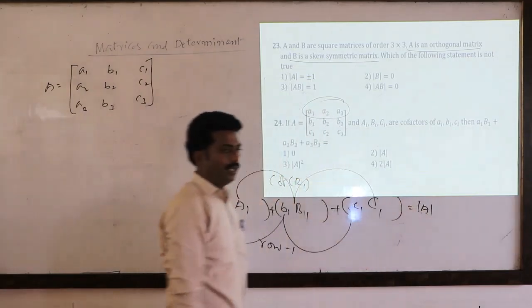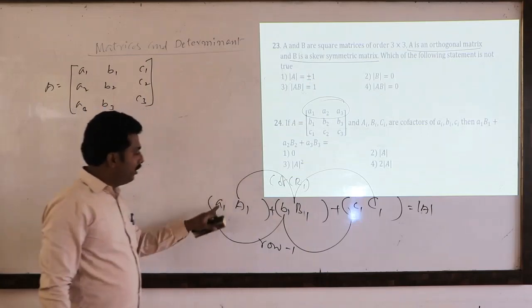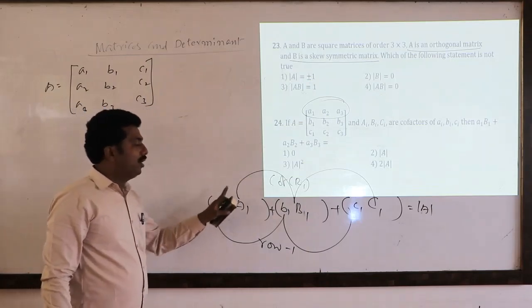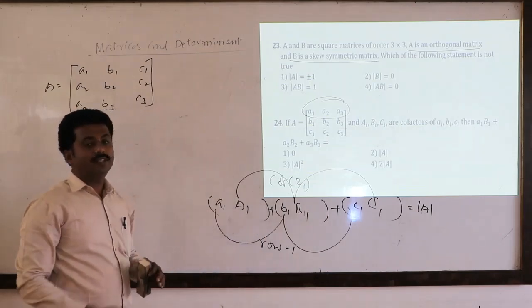Suppose the elements of one row are multiplied with the corresponding cofactors of another row, then the determinant is always 0.